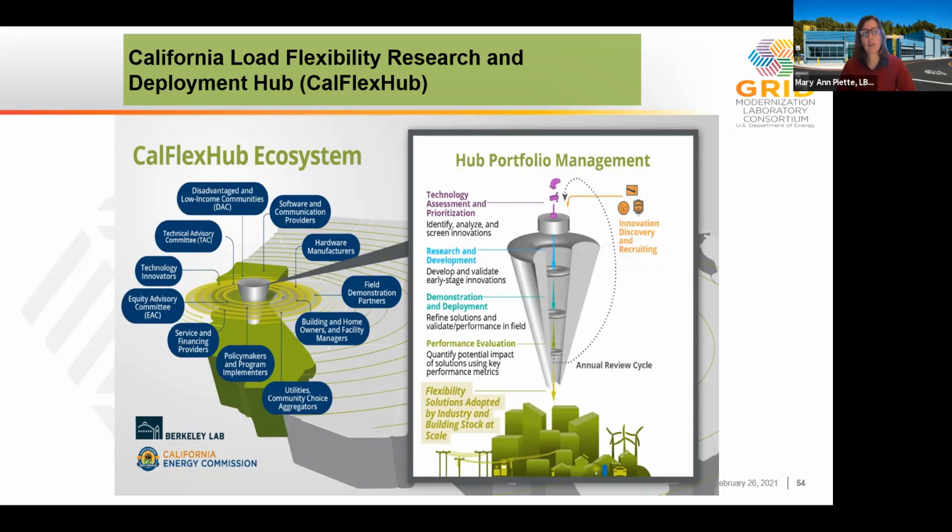We have a series of partners from around the state and a set of technology projects, as well as partnering with the state on creating the infrastructure to test the ability to send out different kinds of prices.